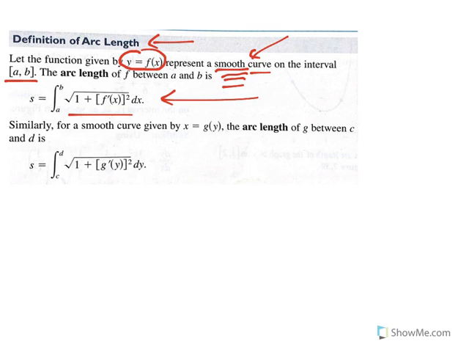And similarly, for a smooth curve given by x is equal to g of y, the arc length of g between c and d is given by the same definite integral. We just have the limits of integration for y because we're integrating with respect to y, and we have x as a function of y, and we're finding dx dy and squaring it.